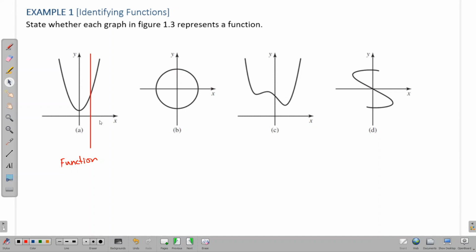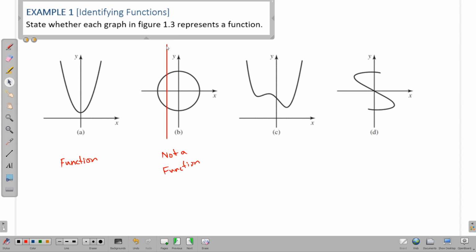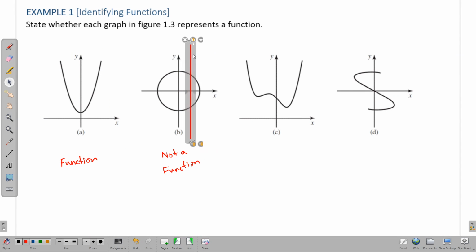If we come to the second one though, bring our vertical line over, we can see clearly it's intersecting at 2 places, so that one is not a function. Next one. It's not going to let me do it now. There we go. Okay, bring my vertical line. It only ever crosses in at most 1 point at one time. So this one is a function.